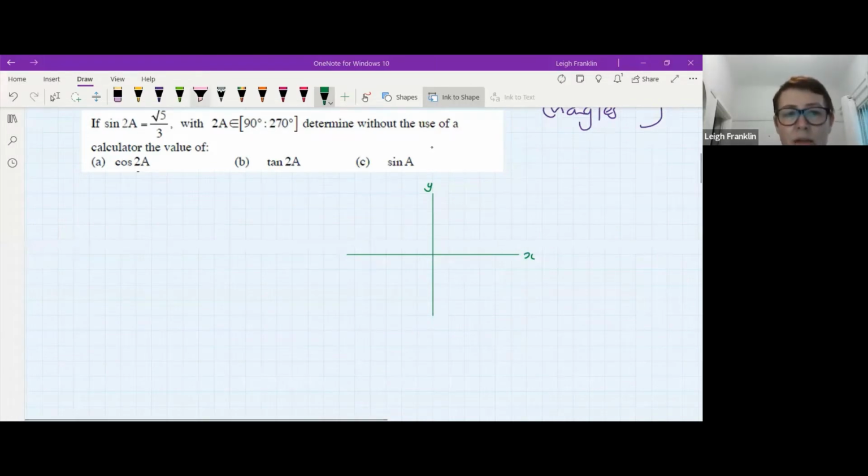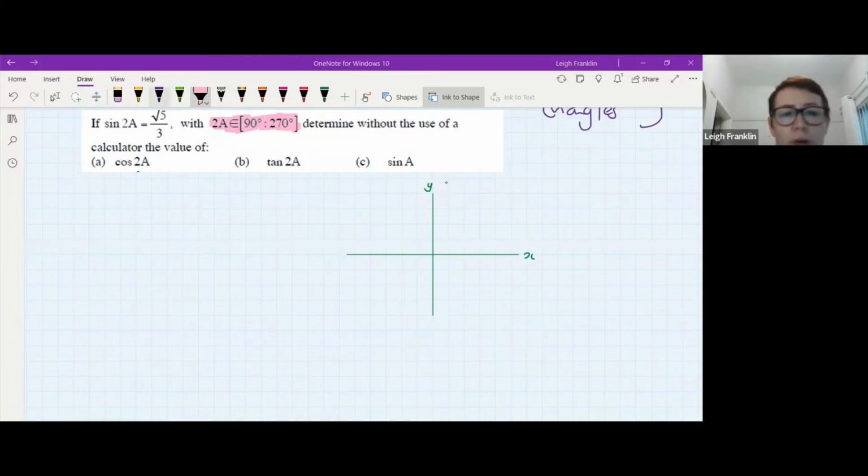But this second piece of information helps us decide between the 2 quadrants, because the terminal arm has to come to rest in one quadrant. So it's between 90 and 270. Sine 2a is positive, so we must be working in quadrant 2.